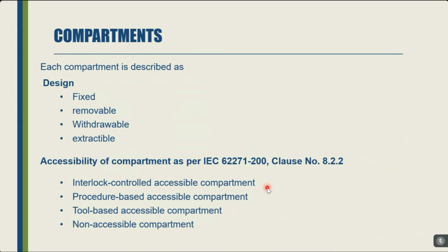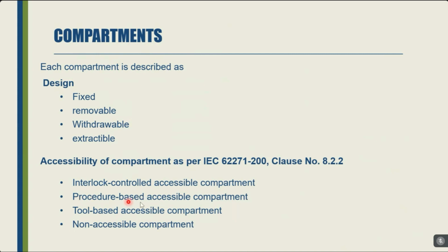And apart from that, there are a lot of optional electrical interlocks which we can provide in the switchgear, with the auxiliary contacts, for the safety of the circuit breaker operation. So first is the interlock controlled accessible compartment. Interlock control means if this interlock is there, you cannot open. And if this interlock happens, then you can open.